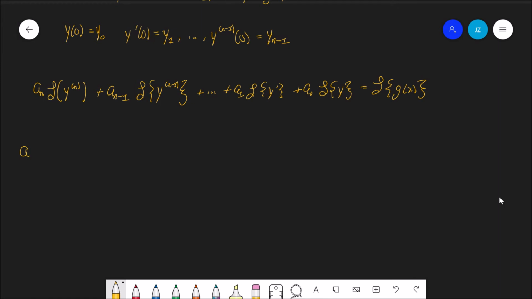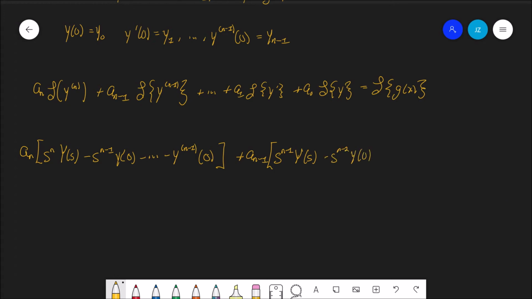This will become, from our previous discussion, a sub n times s to the n big Y of s minus s to the n minus 1 y of 0, and so on, minus the n minus 1 derivative of y evaluated at 0, plus a sub n minus 1 times s to the n minus 1 big Y of s minus s to the n minus 2 y of 0, so on and so forth, and we'll have the n minus 2 derivative of y evaluated at 0.